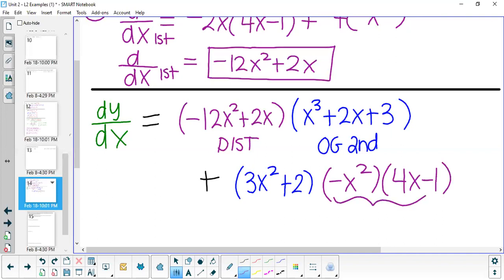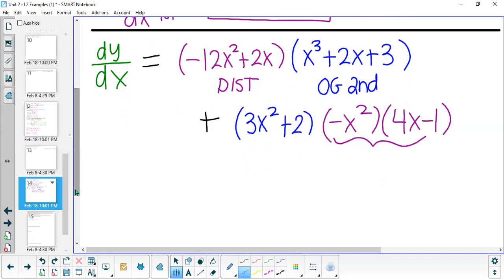And you can see now I have a lot of expanding to do. So this is going to be a true test of your algebraic skills in terms of the expansion, your FOIL, how you distribute. So I'm going to walk you through the steps one by one because this is for you to check your answers after. dy over dx.